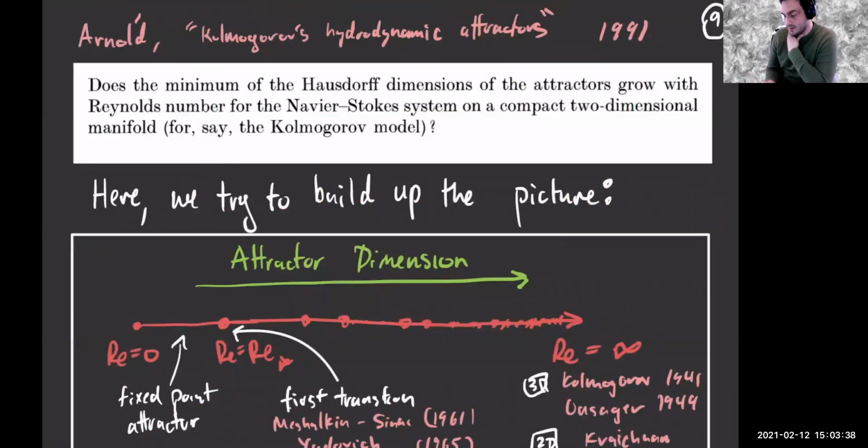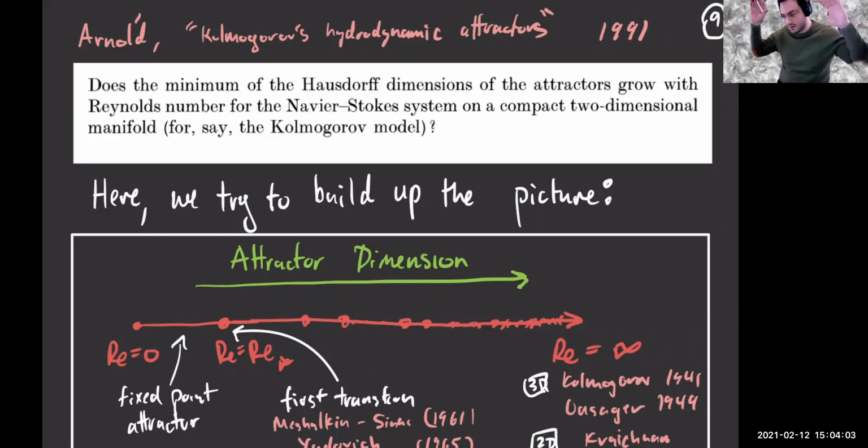So then a subsequent question, after it was understood that the attractor was really finite dimensional, is does the minimum of the Hausdorff dimension of the attractors grow? There could be many attractors, so there's this one global attractor, but it could have components which are locally just attractors of some region of phase space.